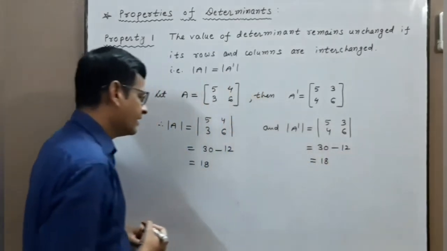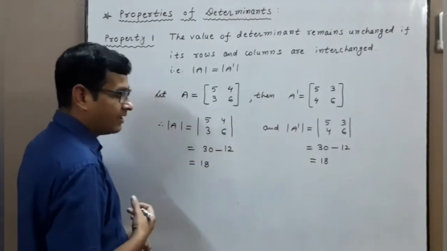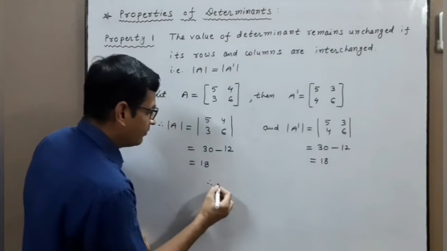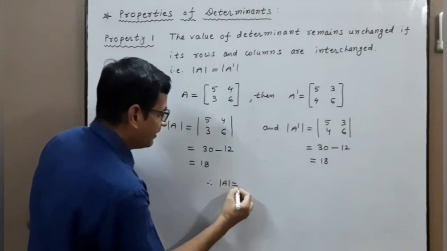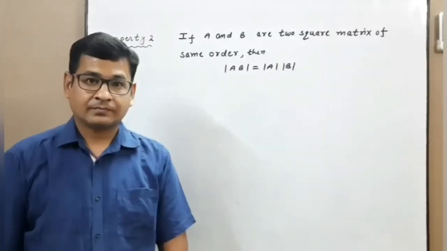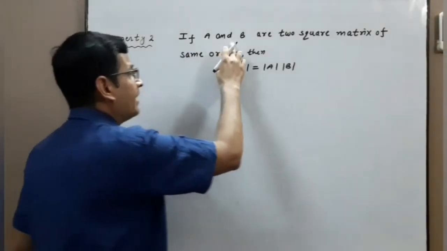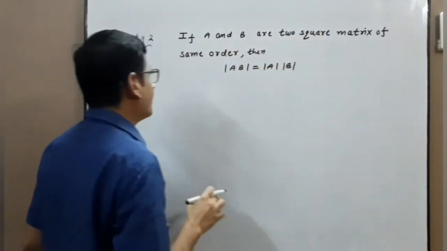So in each case, value of determinant A and determinant A dash are equal. Therefore, determinant A equal to determinant of transpose of A. Hence true.